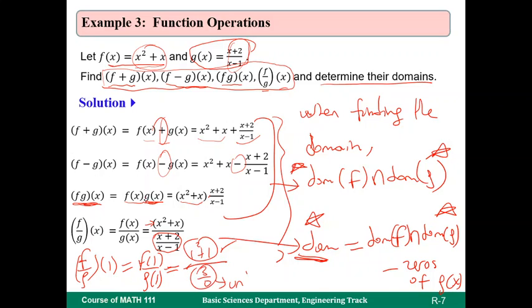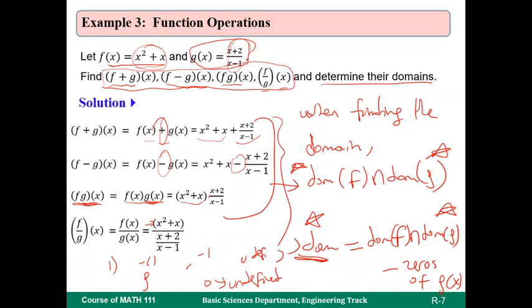So the whole thing is undefined. Clearly 1 is not in the domain of f over g.